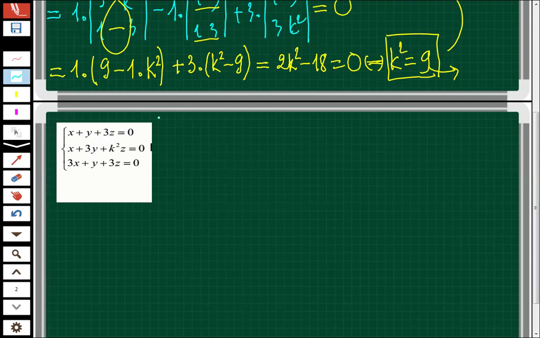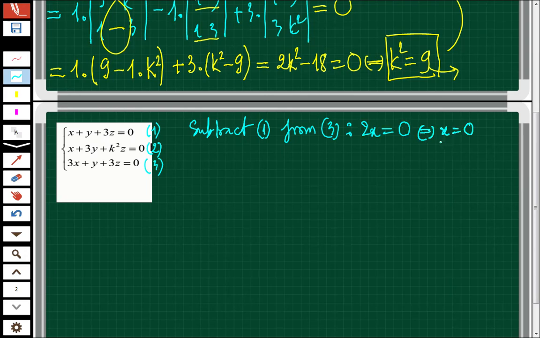For convenience, we put a number next to these equations: 1, 2, 3. To solve this system, we will apply the subtracting and adding method. We can subtract equation number 1 from equation number 3, and we get here 2x equal to 0, or x equal to 0.